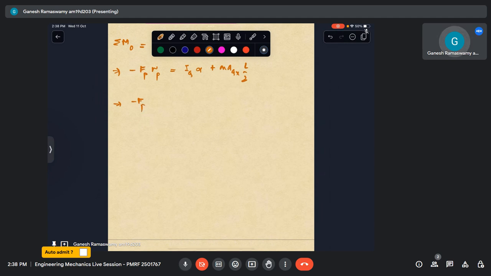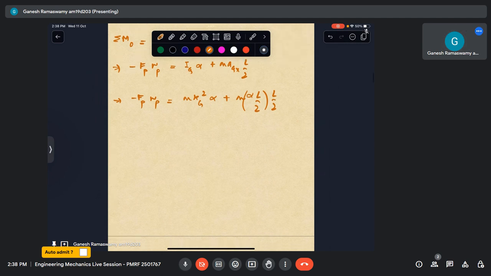So Ig can be written as m kg squared. We know that m kg squared alpha plus, can I substitute AGx in terms of alpha? That is nothing but alpha L by 2 into this L by 2 that is already there. So this is all I have done. Let me simplify this further.